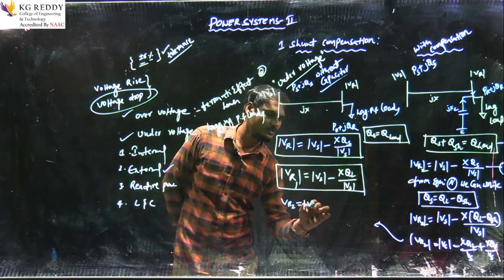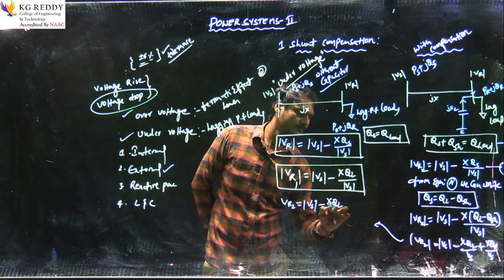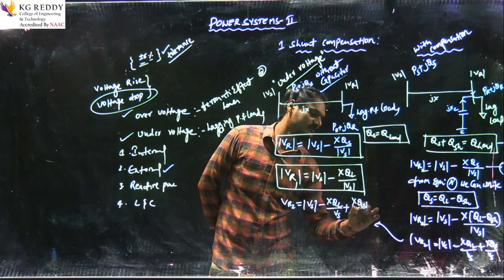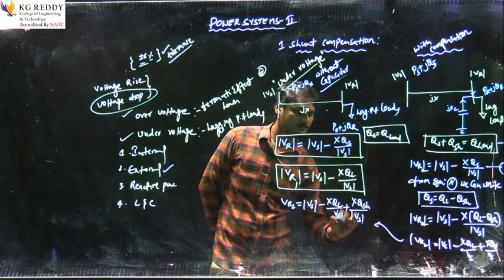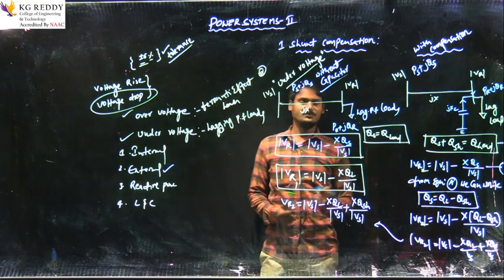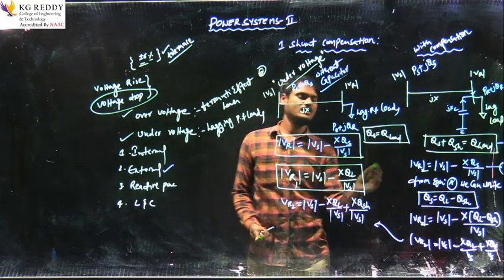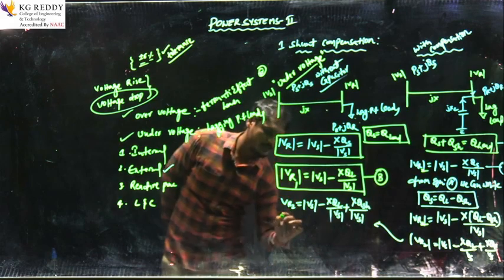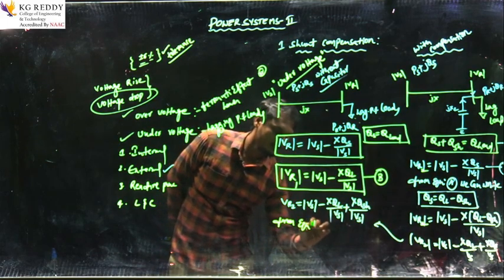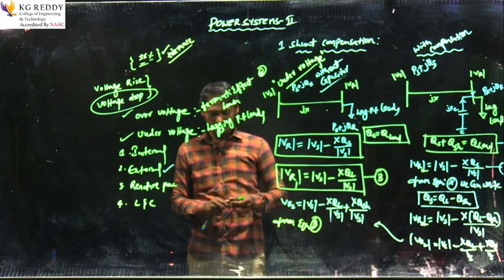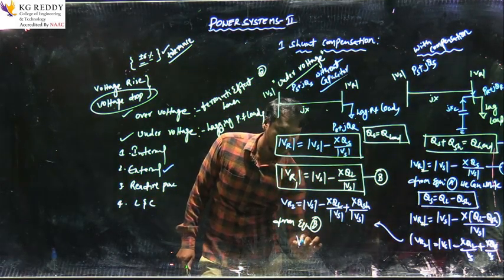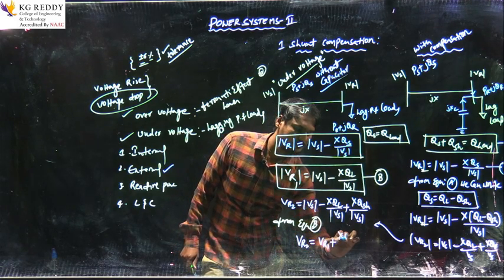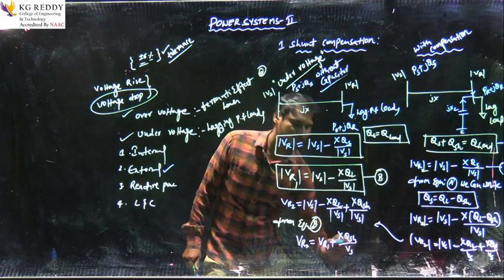VR2 = Vs - X QL / Vs + X QSH / Vs. Just consider this as equation B. From equation B, VR2 can be written as VR2 = VR1 + X QSH / Vs.